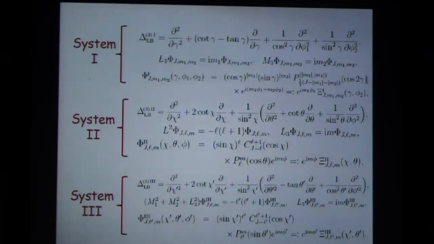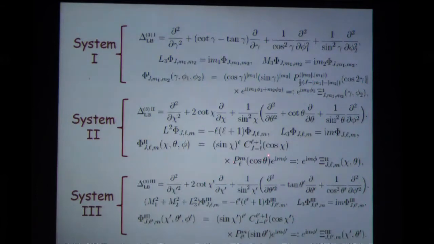In system 2, you can do the same thing, namely you write it in terms of three angles. Here you reduce with respect to SO3, L times L plus 1 as usual, and this is the magnetic quantum number L3. Okay, and the solution, well, it's trigonometrics. These are Gegenbauer polynomials.